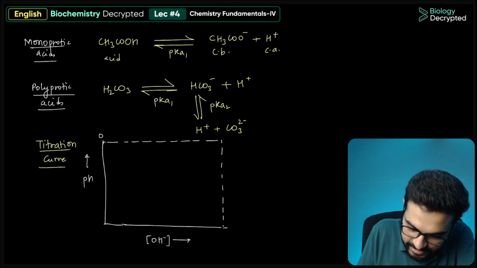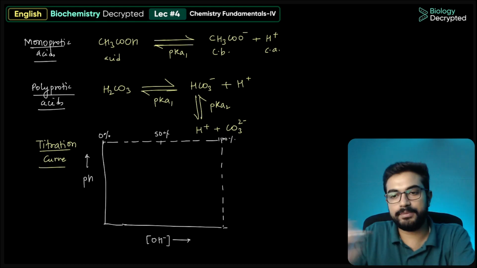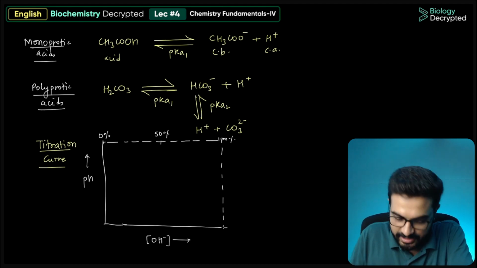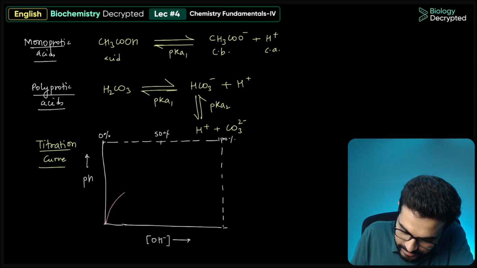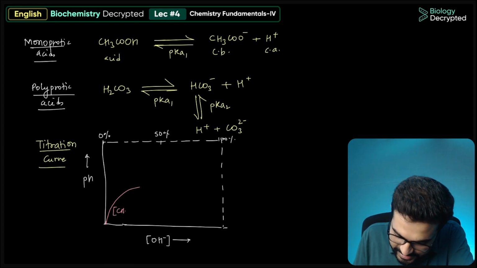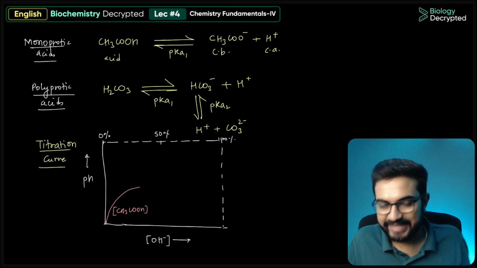You can say that here the titration is 0% complete, here it is 50% complete, and here it is approximately 100% complete. Now if we try to plot the curve, in the very beginning, in this initial phase, what you had is CH3COOH. You simply had your acid.